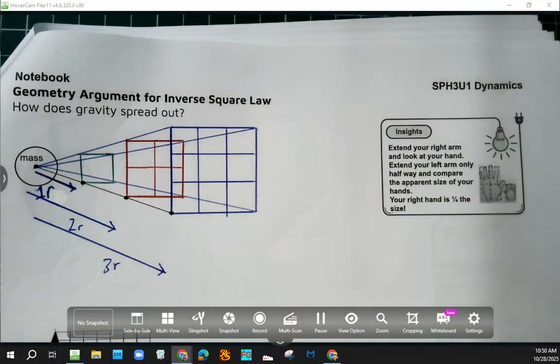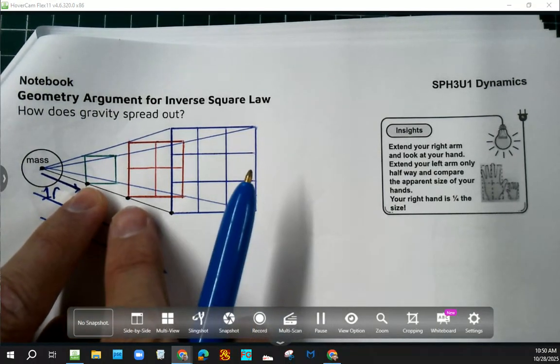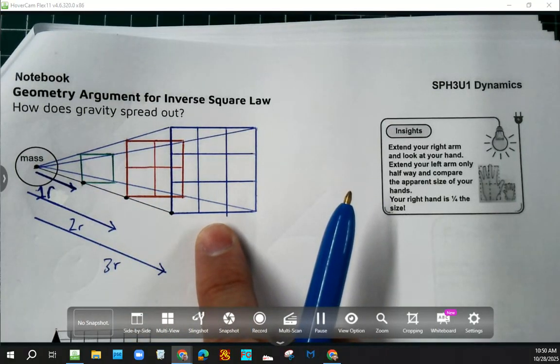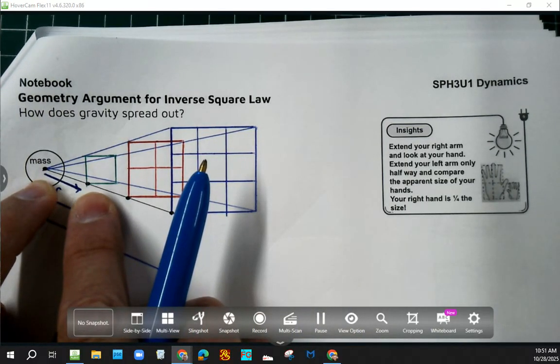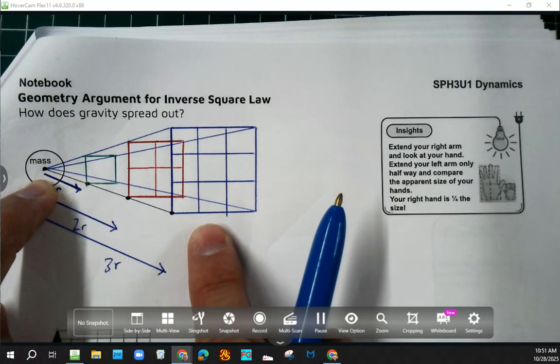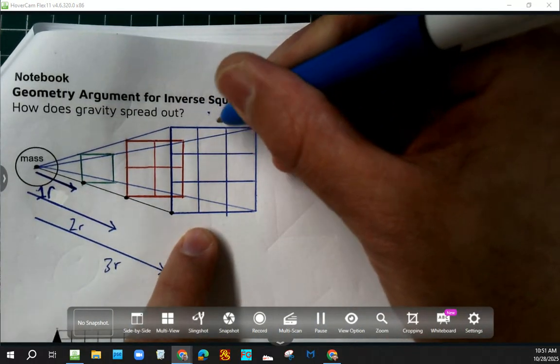But then as I look at this, I realize it's not such a bad thing to talk about, because if each one of these squares, the green one, the red one, and the blue one, were increasing slices of toast, can you see that this peanut butter gun would produce very thick peanut butter on the first slice, and very thin peanut butter on the last slice? And I could even say, how many units of area are there here? 9.